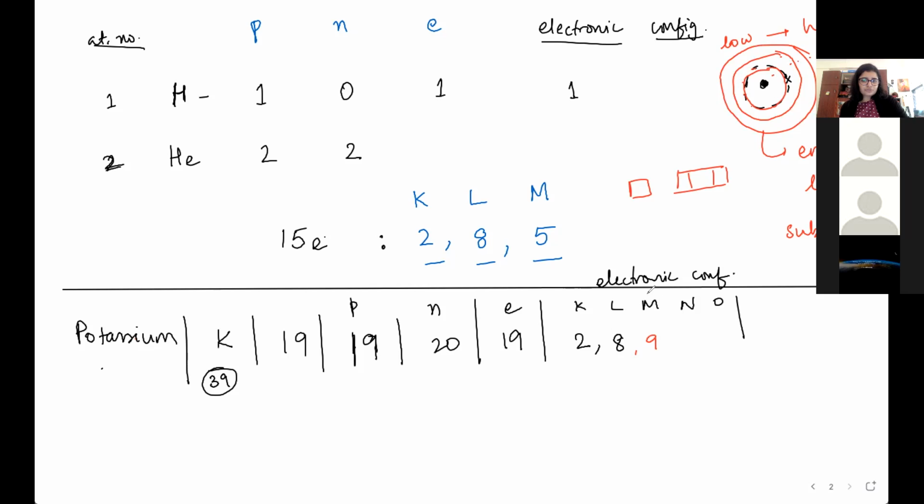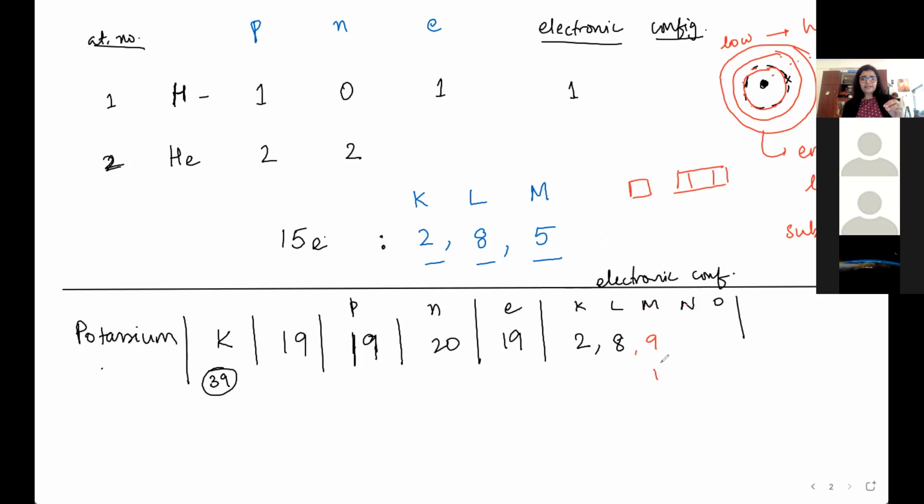When it comes to the bigger shells like the M shell and N shell, because they are bigger, you can think of the first shell being like a 1 BHK. There's only one room, so only 2 electrons can go there. The next shell is slightly bigger, but still small, so only 8 electrons can go.